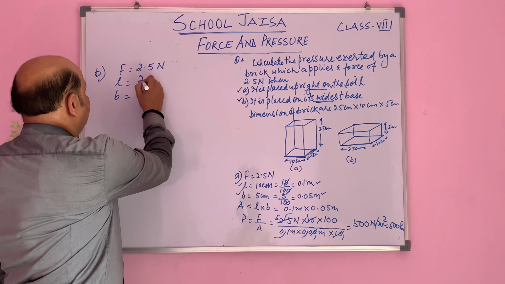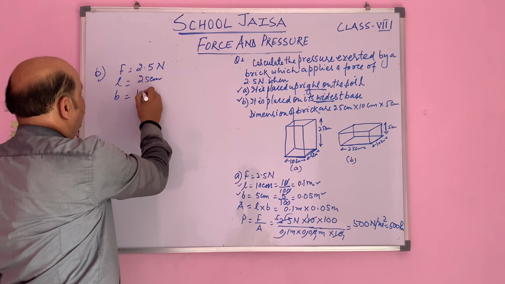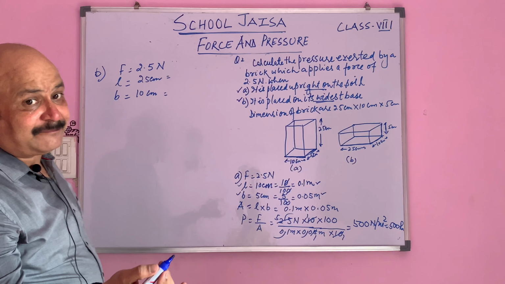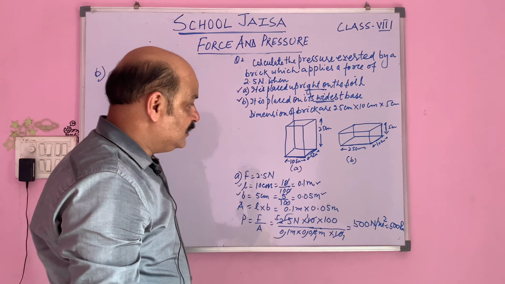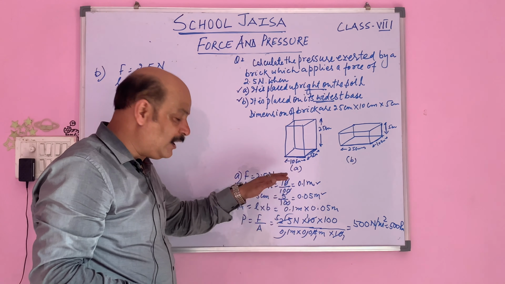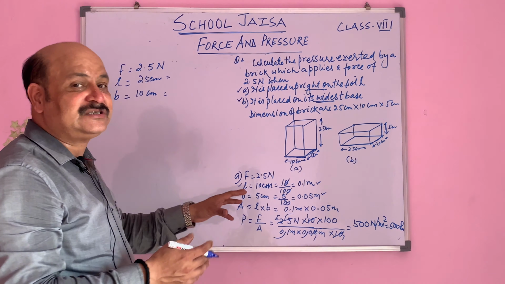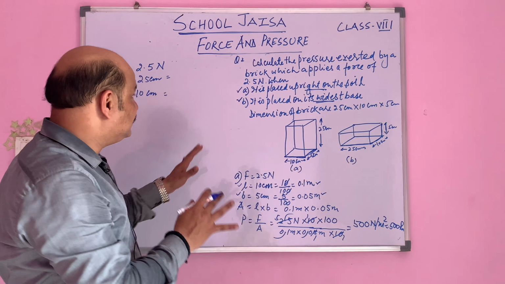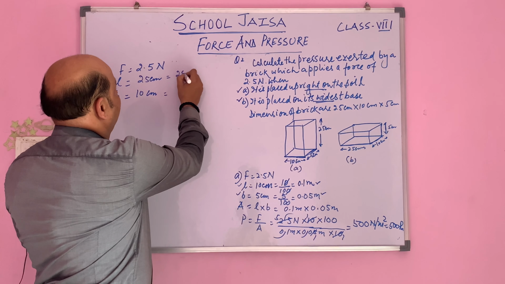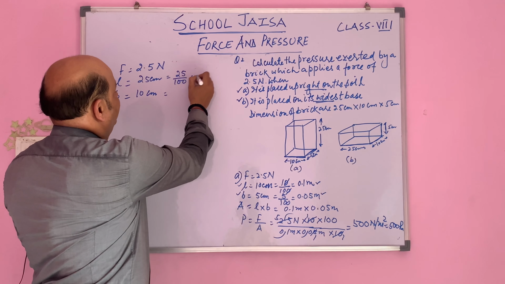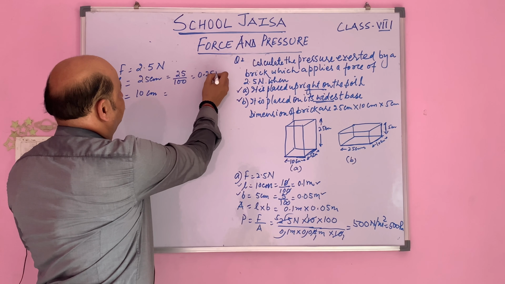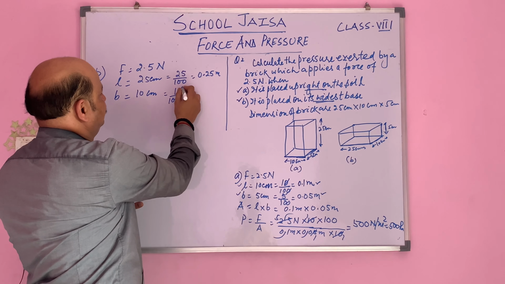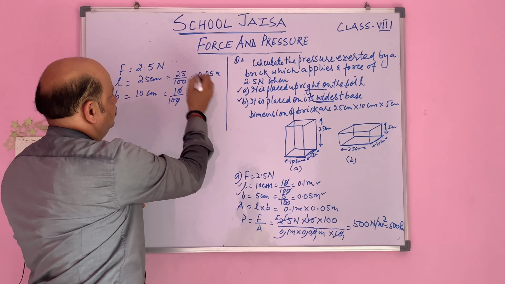So it's varying; we write 25 centimeter over here, 10 centimeter over here. Now again, since we have to convert it into meter, in the same manner as we did over here, to convert centimeter into meter we divided by 100. The same thing we are going to do here also. So when we do it here, it comes this much. Similarly we do it like this and it comes 0.1.